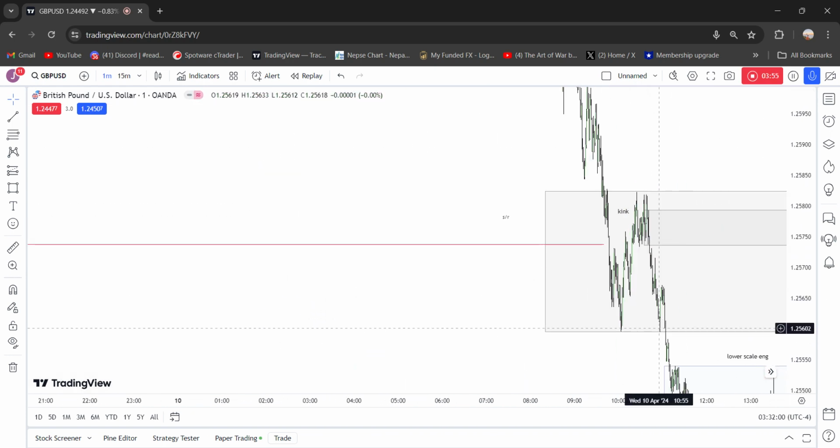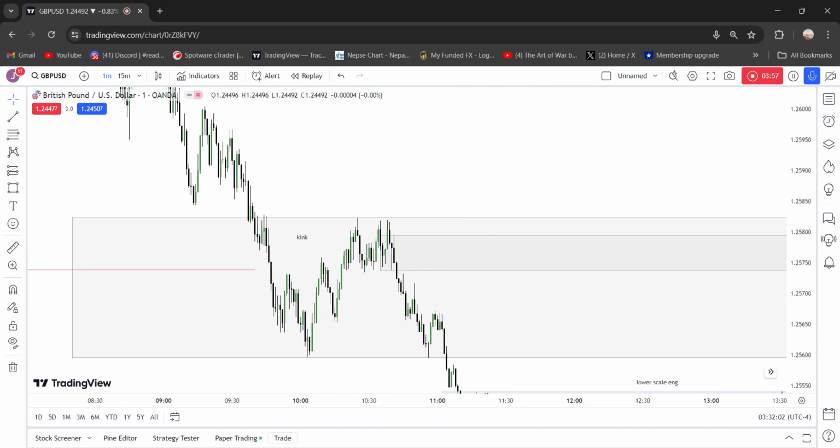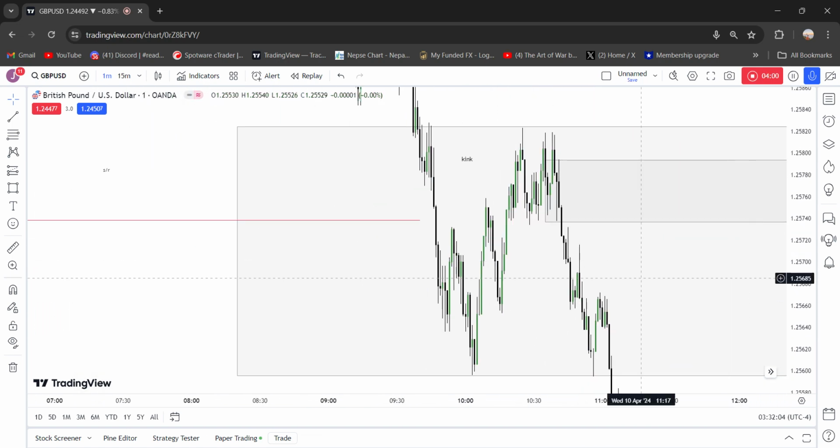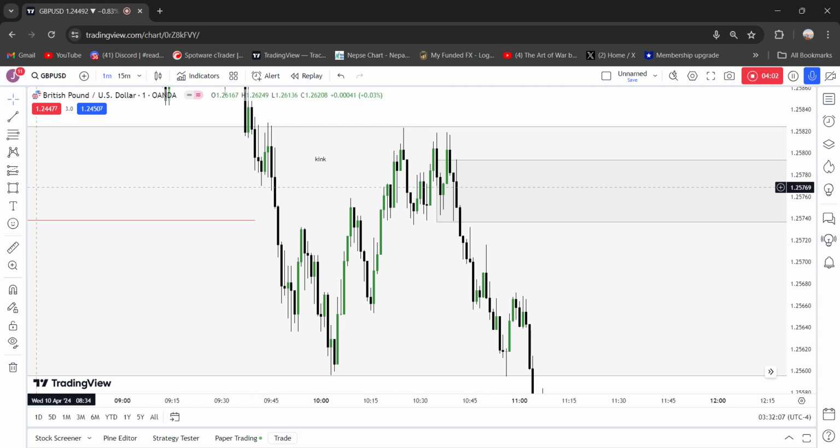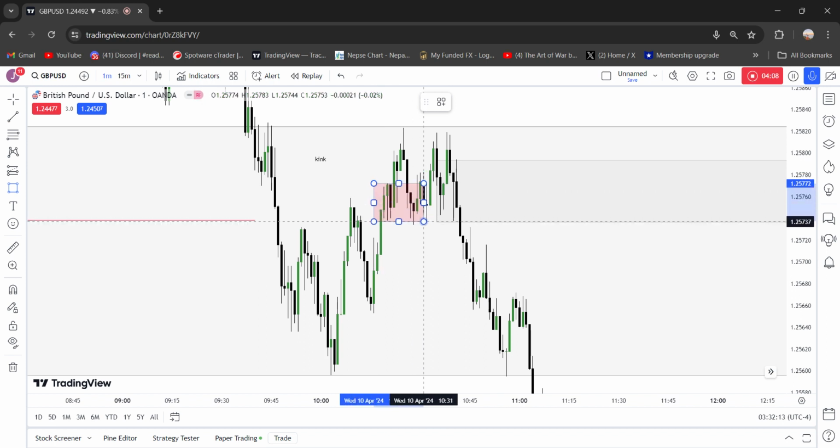Why? Because in this particular zone, you can see there is a small order here which made this lower time frame high. This particular red zone held the price and made an FTR in here and made what? The lower time frame high.